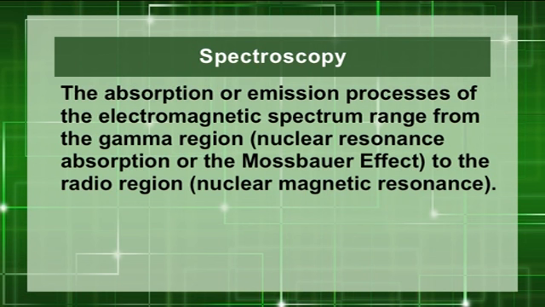The absorption or emission process of the electromagnetic spectrum ranges from the gamma region, that is nuclear resonance absorption or the Mössbauer effect, to the radio region, that is nuclear magnetic resonance.